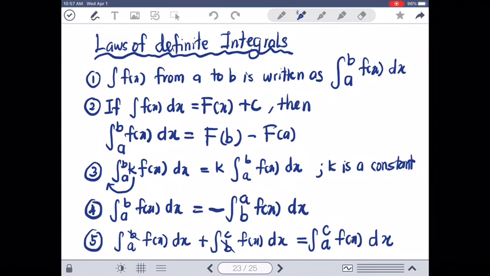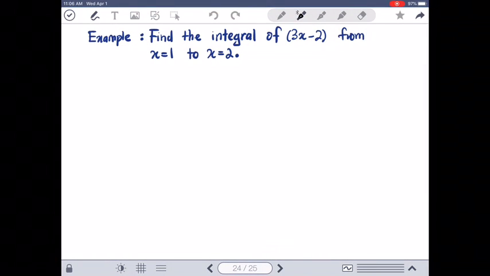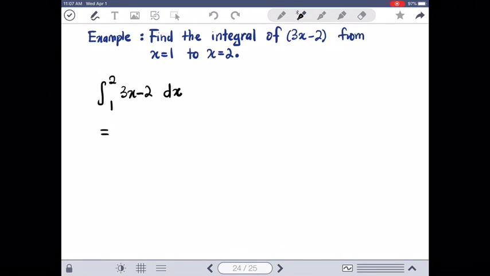Now let's have a look at an example. Example: find the integral of 3x minus 2 from x equals 1 to x equals 2. It means that we need to find the integration of the function 3x minus 2 with respect to x from x equals 1 until x equals 2. So what we do here, we just integrate like usual.